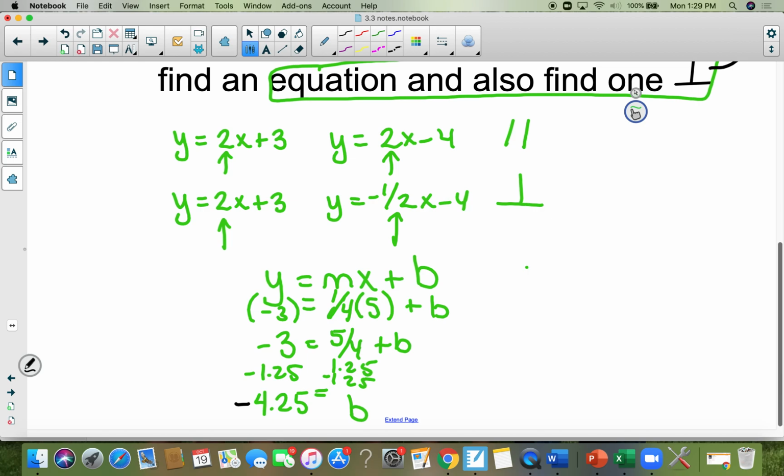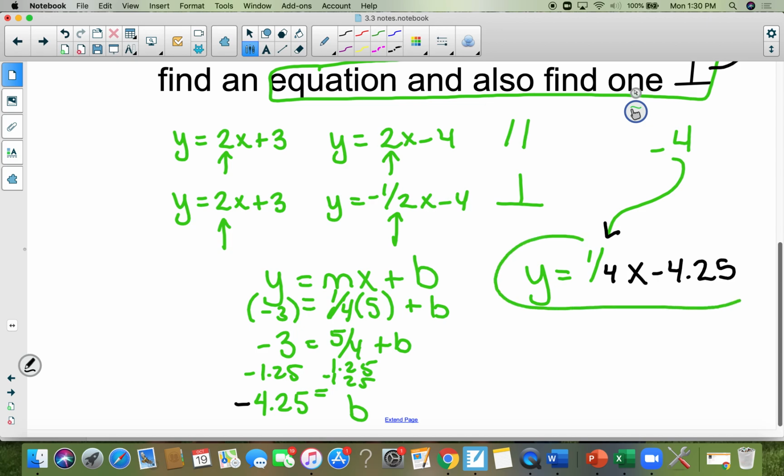So here's my equation. y equals, my slope is 1/4, x minus 4.25. And I don't know why it's changing colors, but it is. The original slope was -4. The one perpendicular to it would be 1/4. And I found my b value by substituting my x's and my y's and my m's.